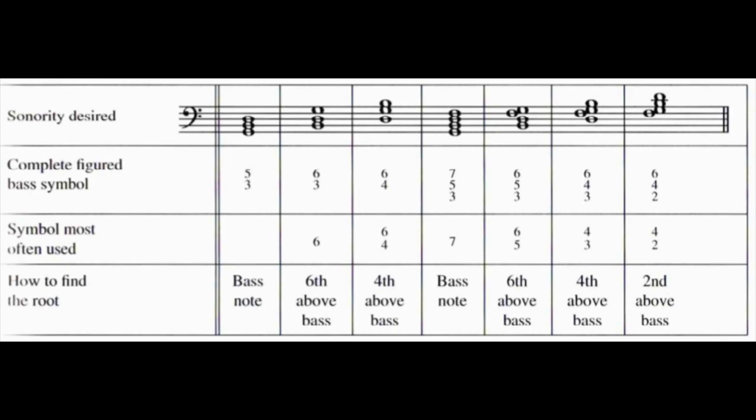And so to say that a triad is in first inversion, we would write a 6. So a G major 6. This is not pop cymbals. And that sixth tells us that there's a sixth above the bass note.